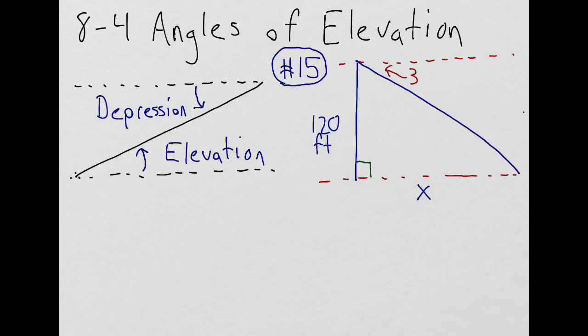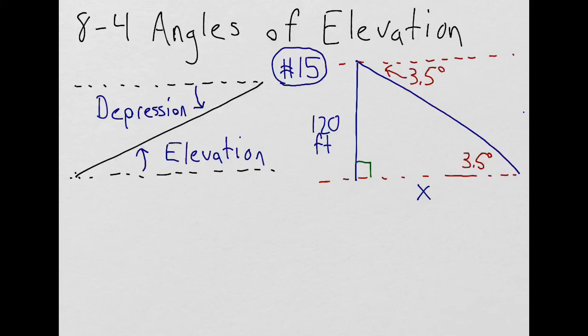There's your 3.5 degrees. And because we're dealing with parallel lines, alternate angles, that means this angle right here is also 3.5 degrees. So now that you actually have it drawn, it's a pretty easy problem.